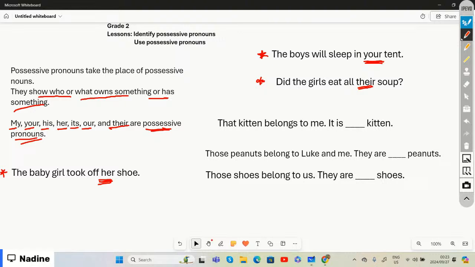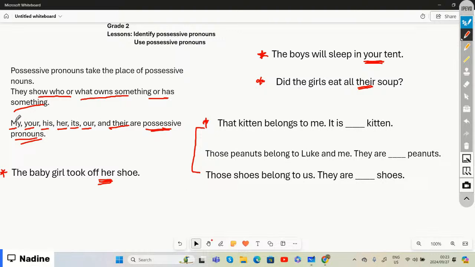All right. And then also, if we look at these sentences, it says, the kitten belongs to me. If something belongs to me, then it is what kitten?